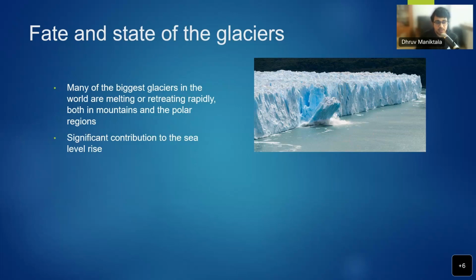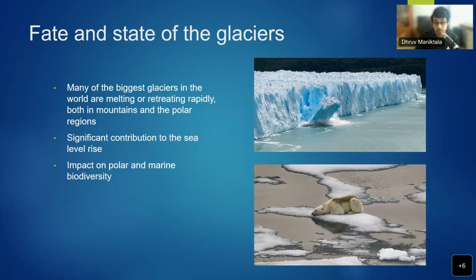They are significantly contributing to sea level rise, as per lots of different studies, and they have an impact on polar and marine biodiversity, of course. Lots of fauna in the polar and Arctic regions are suffering a lot with this rapid melting of glaciers, for example polar bears, seals, Arctic foxes, and in the southern polar regions, Antarctica, penguins.